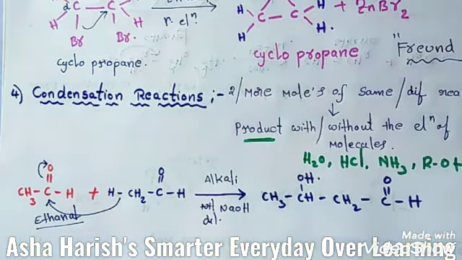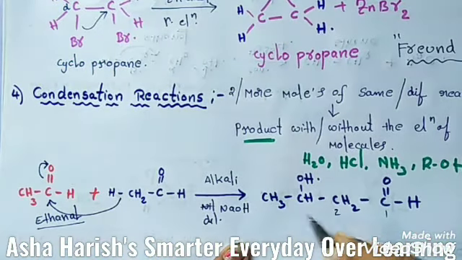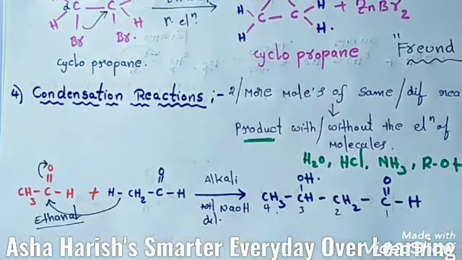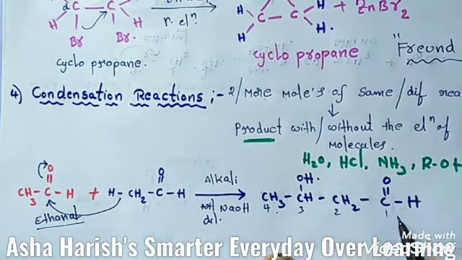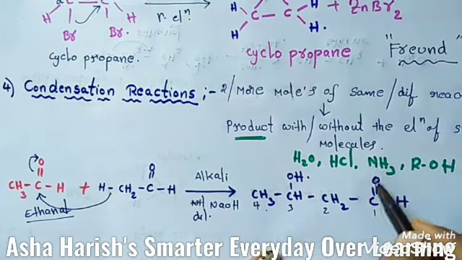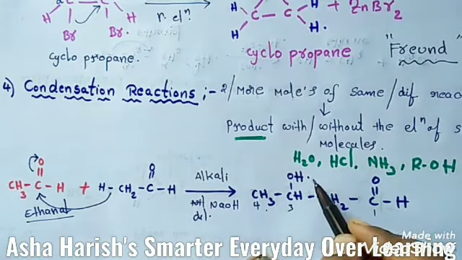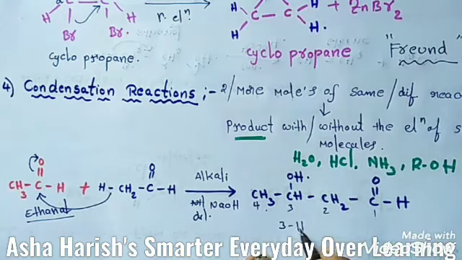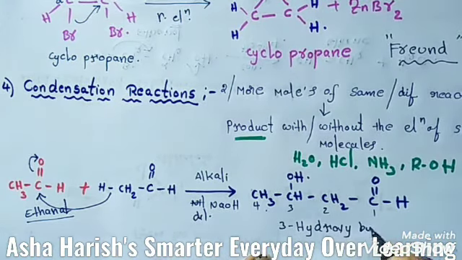If you give numbering to these carbons, 1, 2, 3, 4, at the 3rd carbon is the OH and at the 1st carbon is the oxygen. So 3-hydroxybutanal.